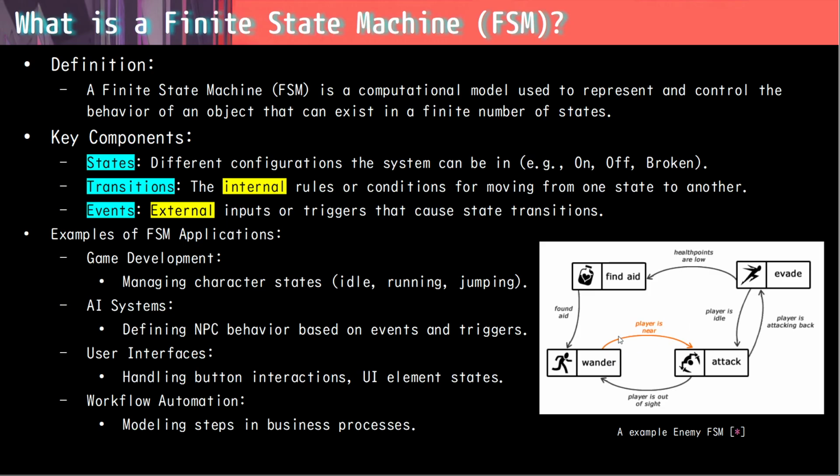So that kind of transition will be considered an event. But there is no clear boundary between transition and event. Sometimes I'm going to call a transition an event or vice versa. So these two terms could be exchangeable in some contexts. All right, but when I mean transition, I mean the condition is generated from the internal system. And when I mean events, I'm going to mention the input from the external world, right?